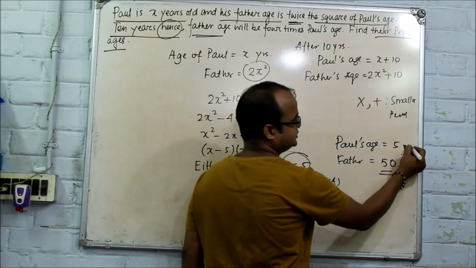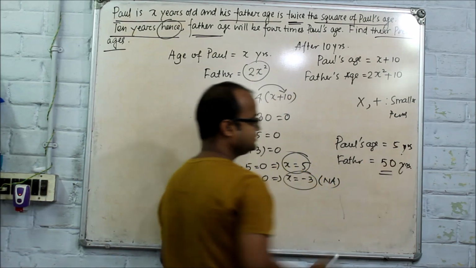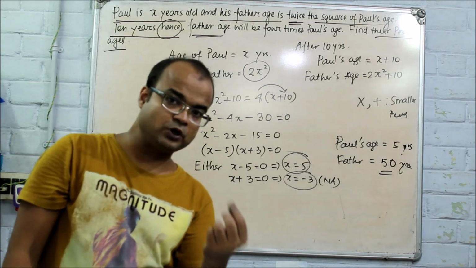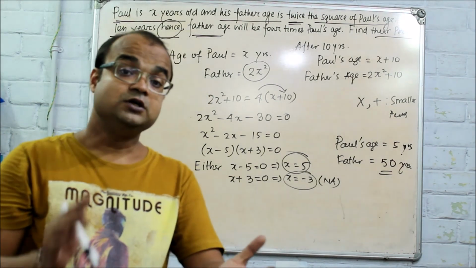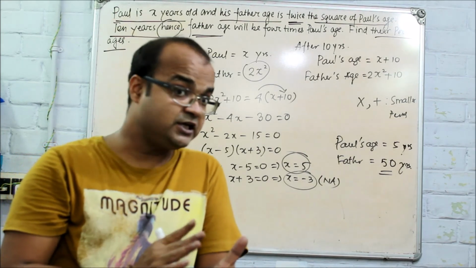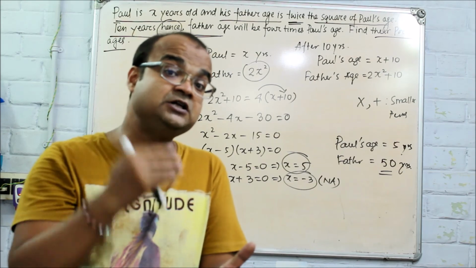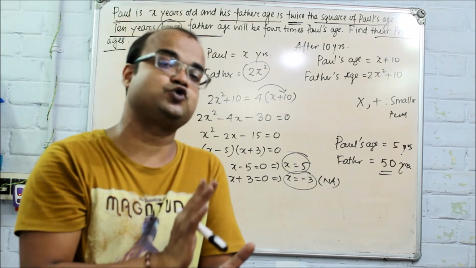So that is Paul's age and father's age. Clear? So the basic thing to solve the problem is you need to read the question very carefully and apply as per the instruction given in the question.